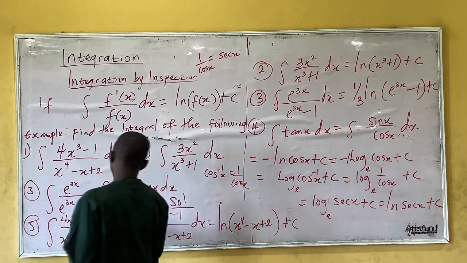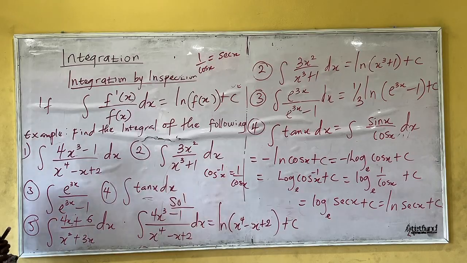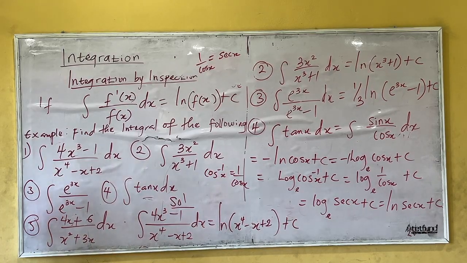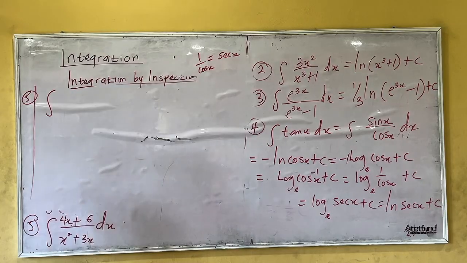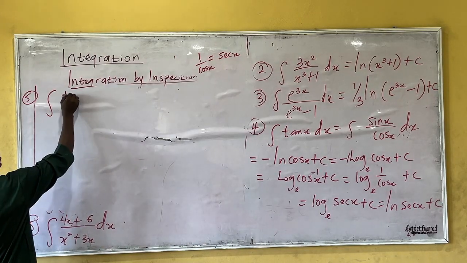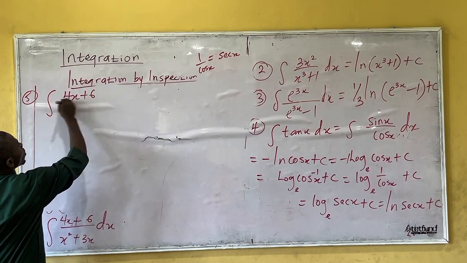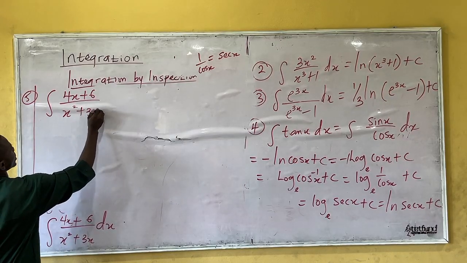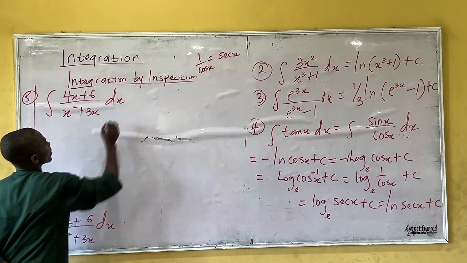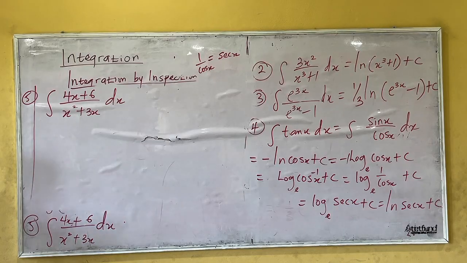Let's go to question number 5, which is the last question. Integral of 4x plus 6 over x squared plus 3x dx. Now, if I want to integrate, I want to use integration by inspection.